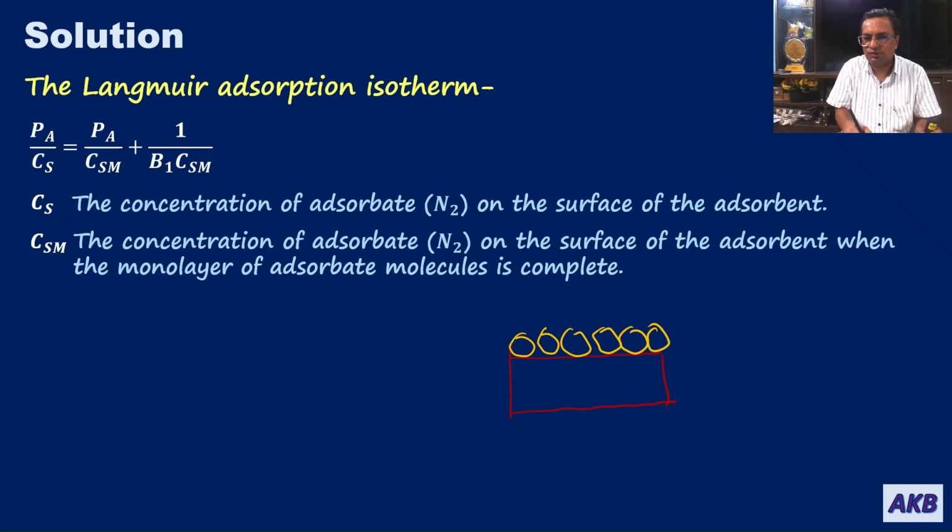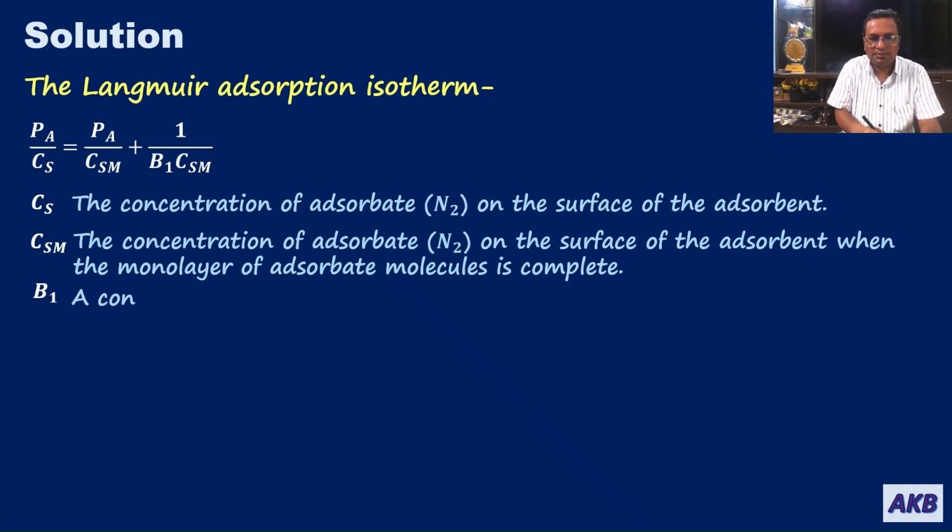If you look at this diagram, you can easily understand that the entire surface of the adsorbent has been occupied by the adsorbed molecules. So Csm represents the concentration of the adsorbate, that is nitrogen, when the monolayer is complete on the surface of the adsorbent.